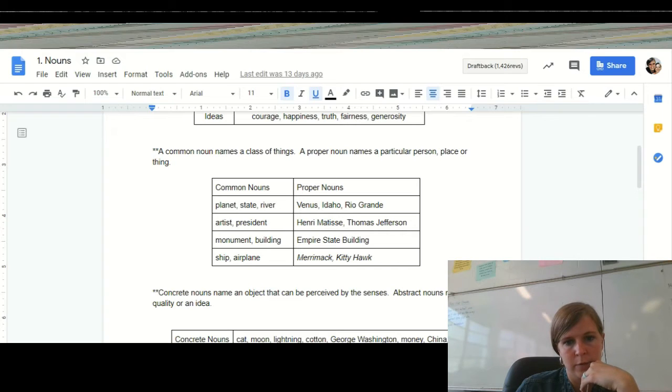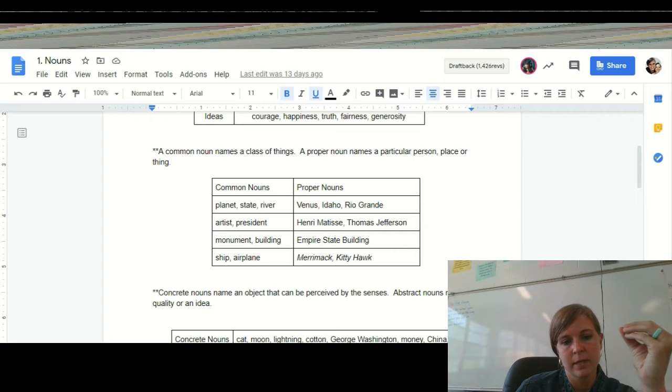Then you have this side over here. A proper noun names a particular person, place, or thing. So these are specific. When you're looking at planet, something specific is Venus, Idaho, Rio Grande. When you have common nouns of artist, president, then you have proper nouns that are specific: the artist Henri Matisse and President Thomas Jefferson. Monument, building, common noun.